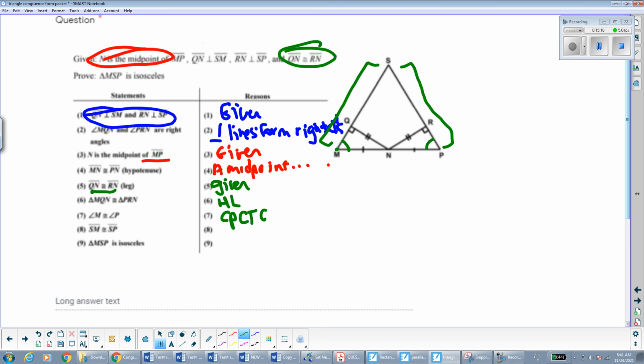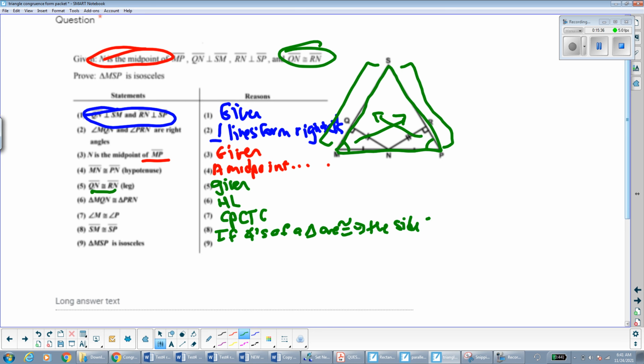Well, in the big triangle, we now know that there are two congruent angles. So the sides opposite those angles are also congruent. So I'm going to write here, if angles of a triangle are congruent, then the sides opposite are congruent.